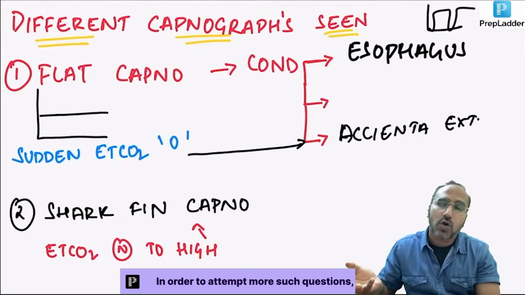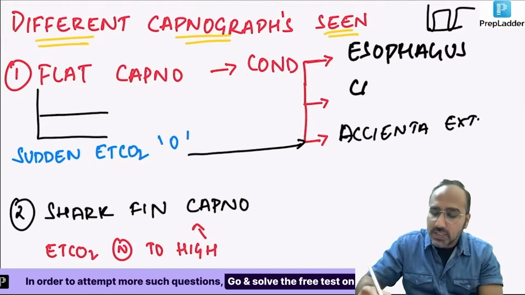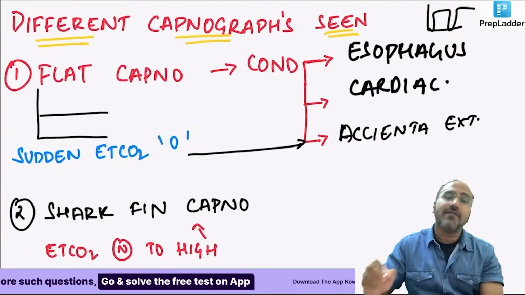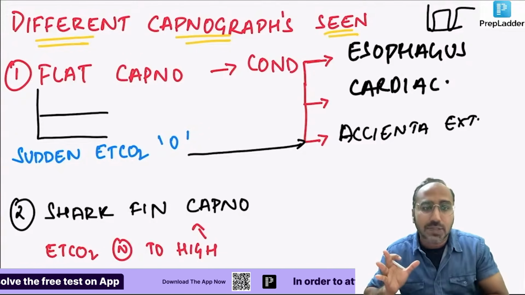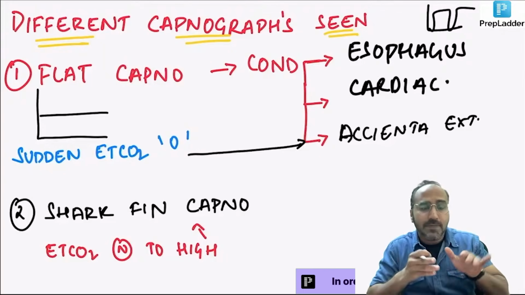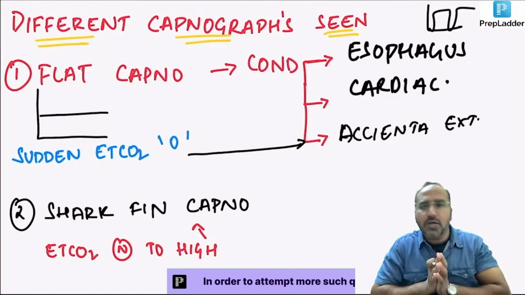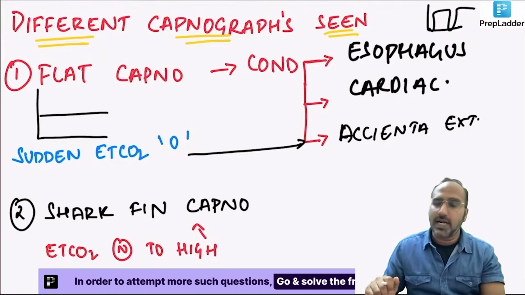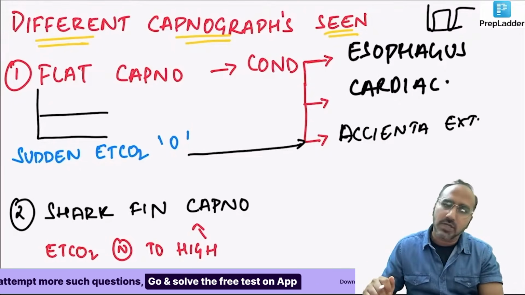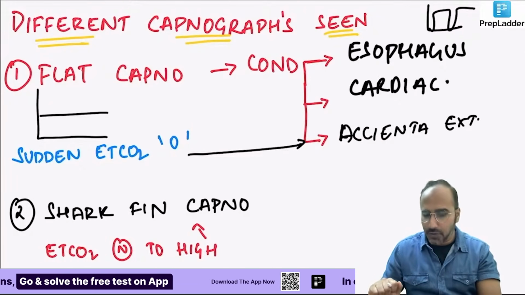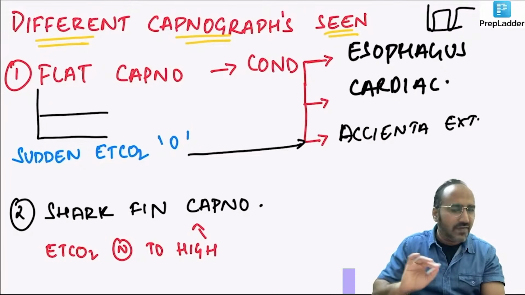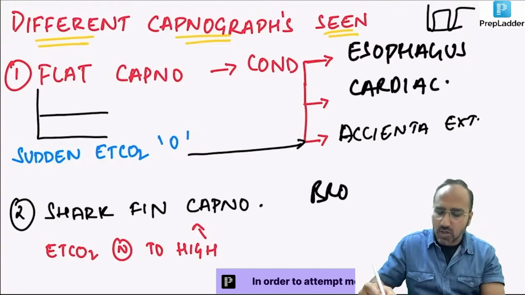The patient might have collapsed after intubation. That is, in case of cardiac arrest, you might see a flat line. In case of complete bronchospasm, remember, normal bronchospasm you will see shark fin. In complete bronchospasm, you will see what? A flat line. Or in case of accidental extubation, you will also see a flat line capnography. Shark fin pattern capnography, we have already discussed, is seen in bronchospasm.